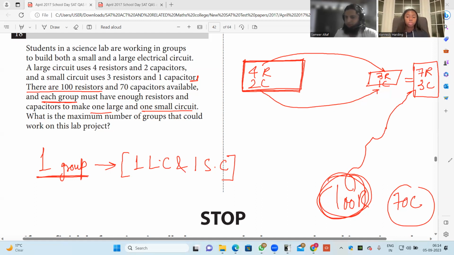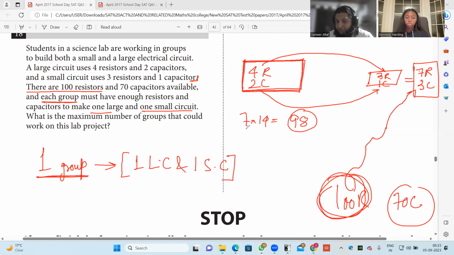You can make 14. Maybe. 7 times 14 is how much? 98. Oh, okay. 7 times 4 is 28. 7 times 1, 7, 8, 9. Yeah, you're right. So you can make 14.